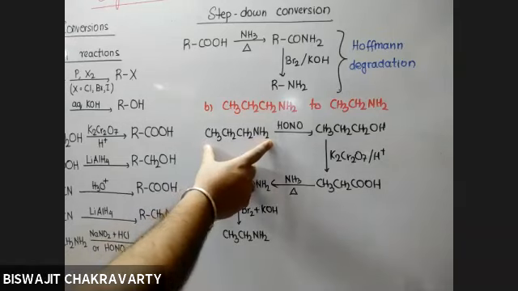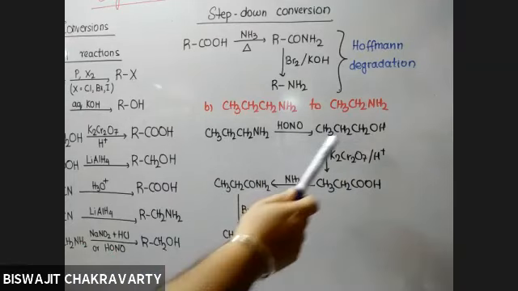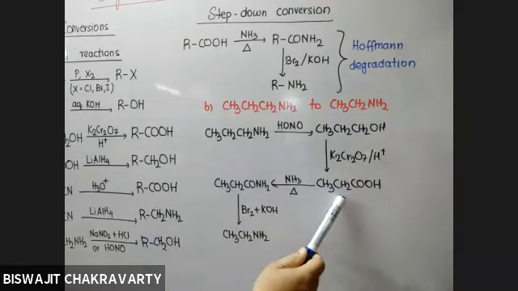What is the name of this compound? Let us repeat. Propylamine, but the IUPAC name will be propanamine. What is the name of this? Propan-1-ol. Propanoic acid.